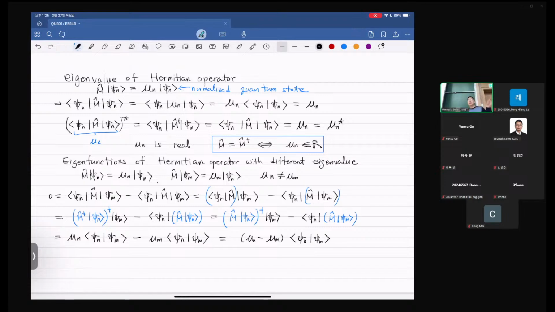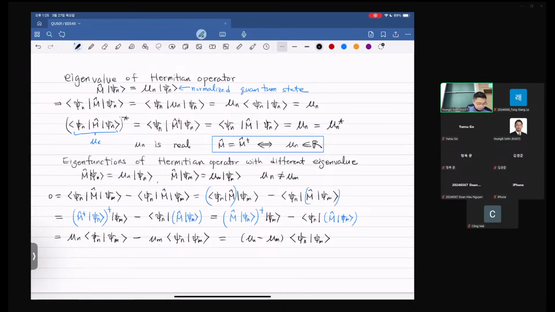By applying M to left and right separately, you actually take out the numbers, which are different. For the first term, the first way you extract mu n, the second way you extract mu m, right? It was possible because it was Hermitian. And then you get this result, and I told you they are not the same number, right? Mu n, mu m are not the same.